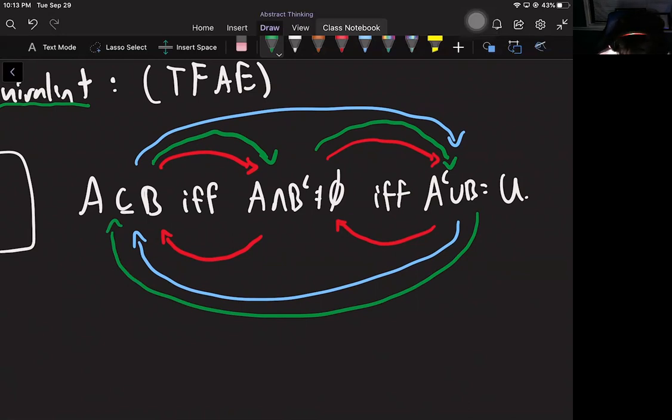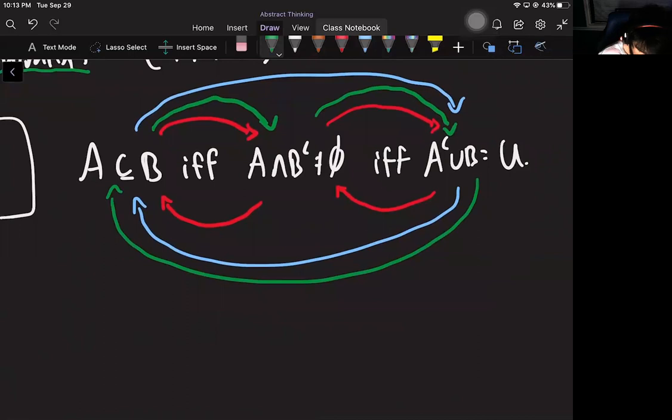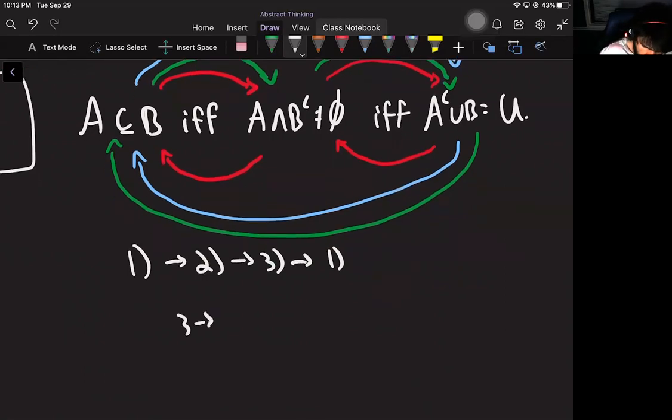Well, because if 1 implies 2 and 2 implies 3 and 3 implies 1, then you can get from any number to any other number. For example, how would I show that 3 implies 2?